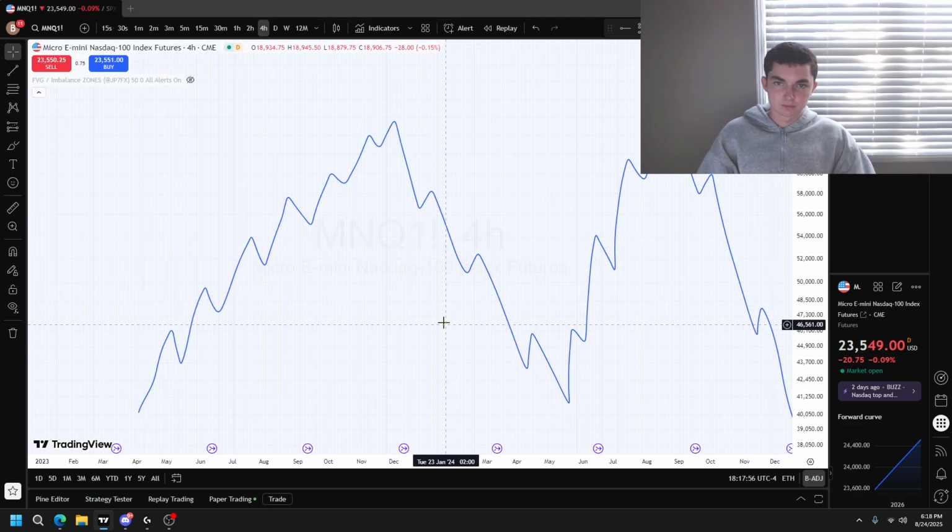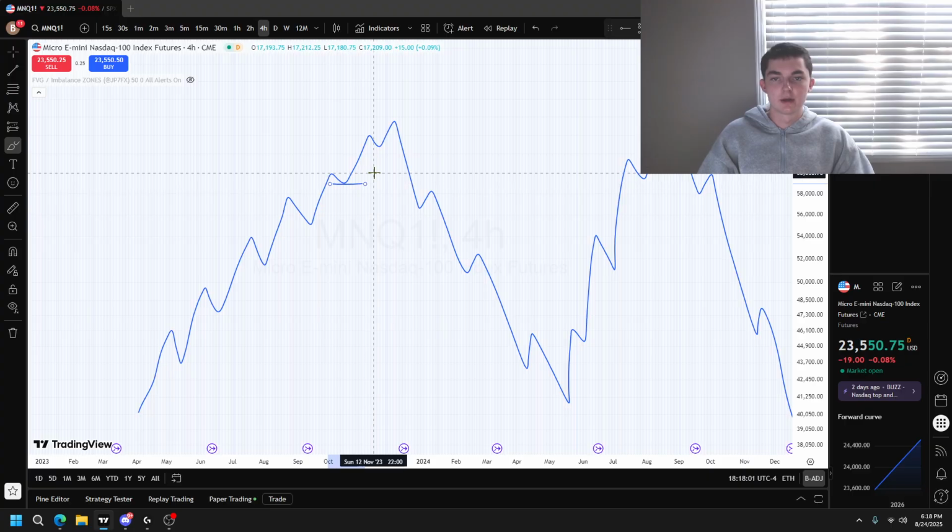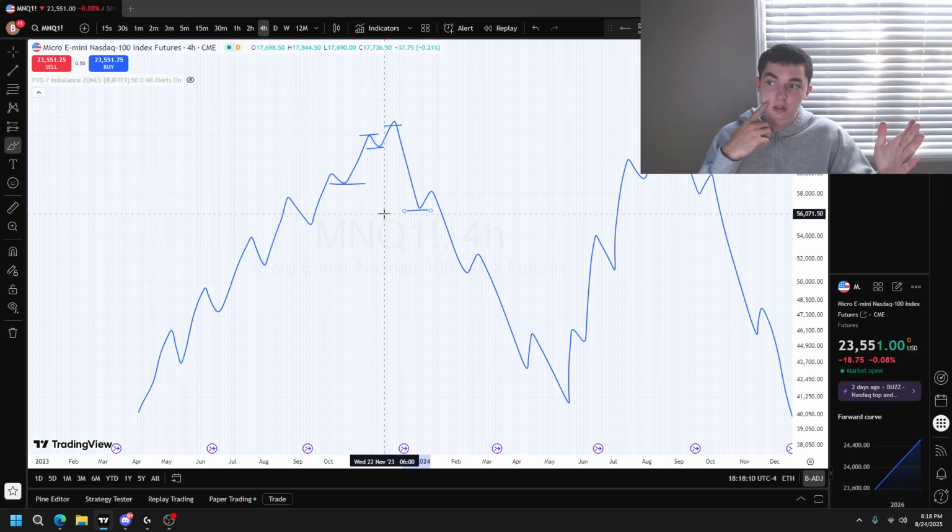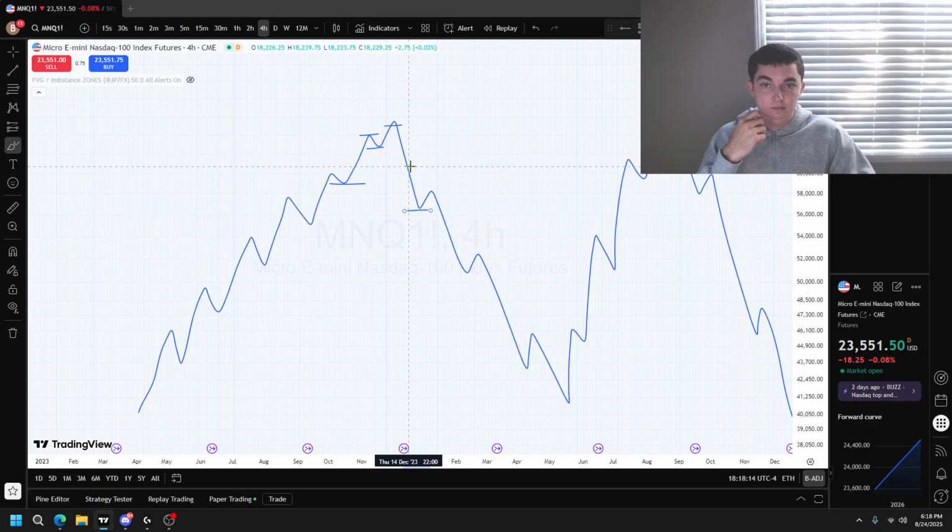So where price is reversing, you have a higher low, higher high, higher low, higher high, lower low. We already know this is where price reversed. We broke structure. Break of structure and reversal go hand in hand.